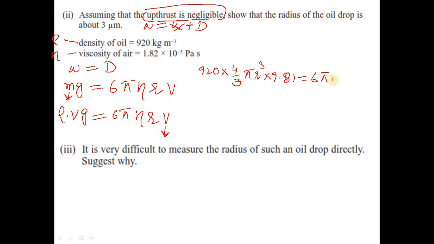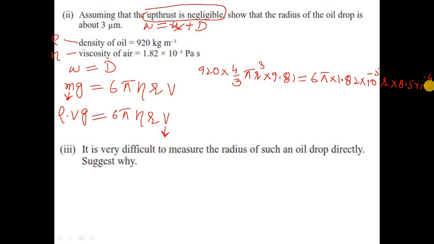Eta is the viscosity of the air, 1.82 times 10 to the power minus 5. r needs to be found. v is the velocity we found in the previous part, which is 8.5 times 10 to the power minus 4.